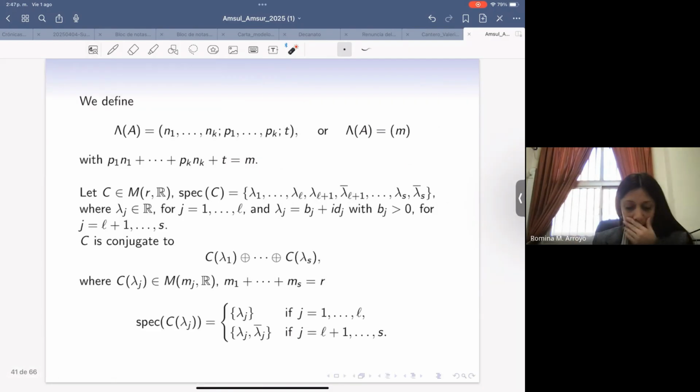Here I am going to denote by the first L lambdas the real eigenvalues, and then we will have the complex eigenvalues here, and so a matrix C is going to be conjugate to something like this, in which this is the part of the matrix which only has eigenvalue lambda 1, then the part which only has eigenvalue lambda 2, and so on. The last ones are with the complex eigenvalues.